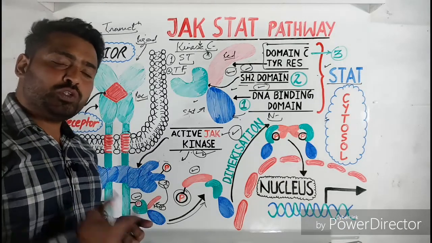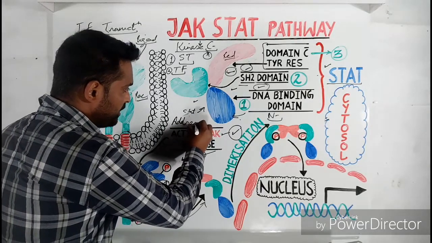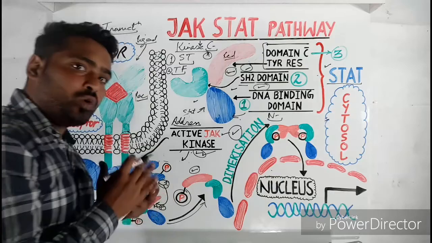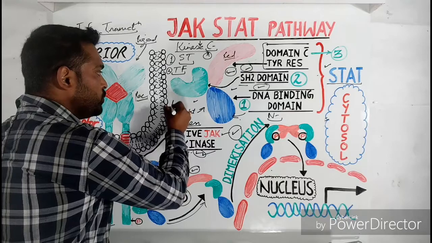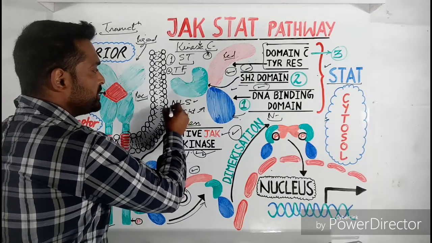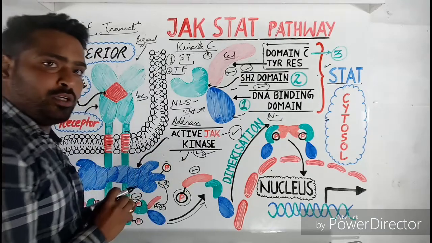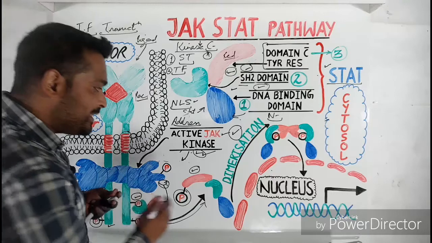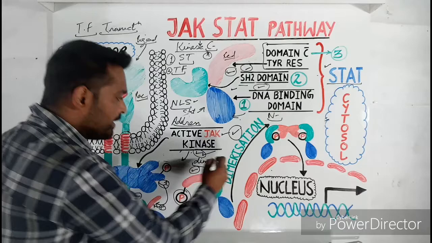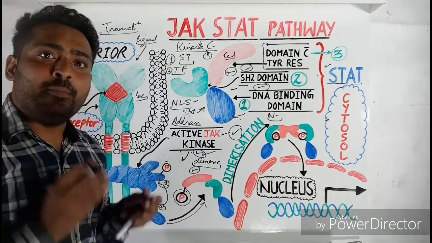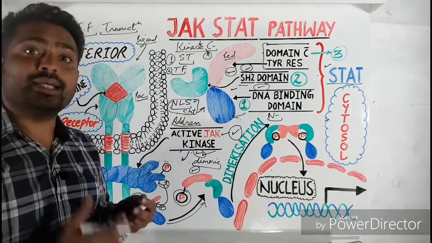For this protein to move into the nucleus, it must have an attached address, so that it would only go into the nucleus and not somewhere else. That address is in the form of a nuclear localization signal. This nuclear localization signal is only found in the dimeric form. When these STAT proteins are present as monomers, this NLS is covered, hidden.